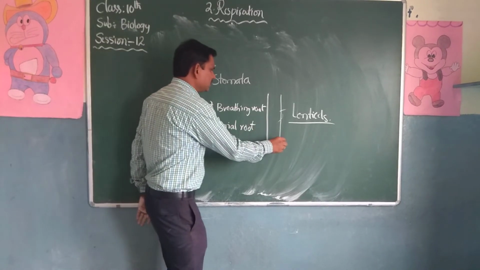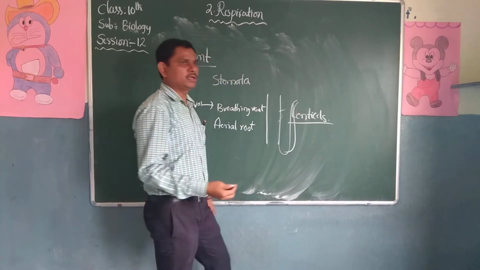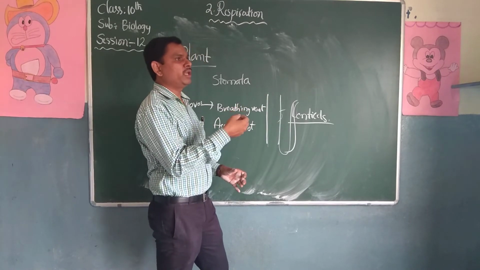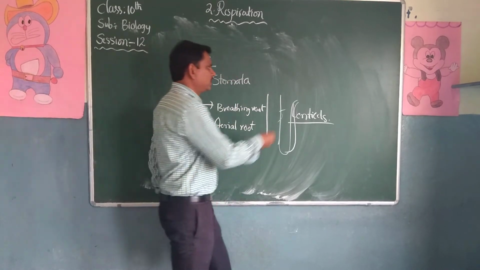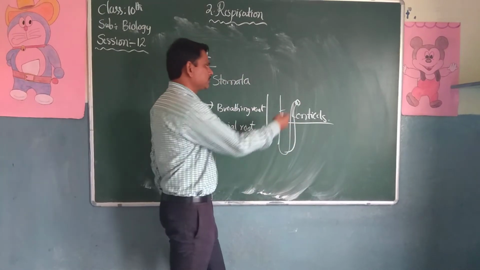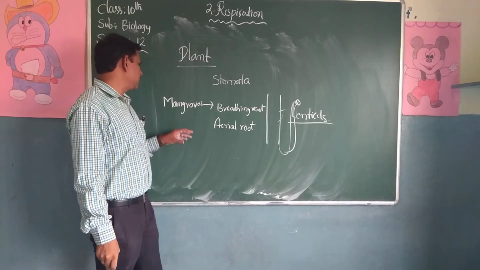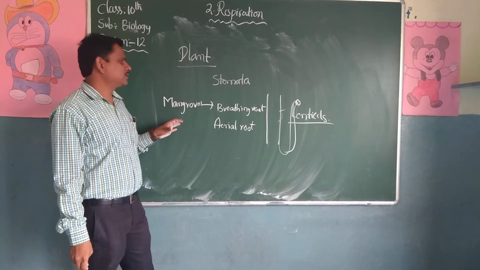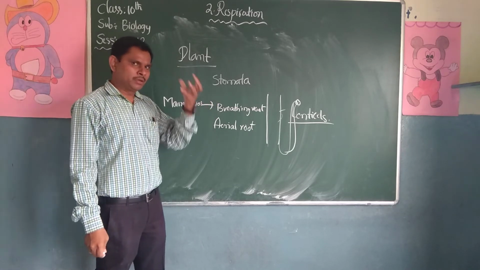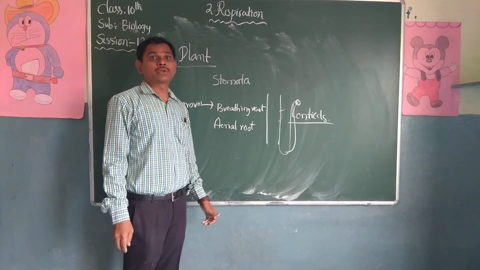These roots have a special structure, aeration of root. From the mud, separate structures grow into the atmosphere. They have small holes, and through the small holes they respire. Mangroves have breathing roots, which are aerial roots.